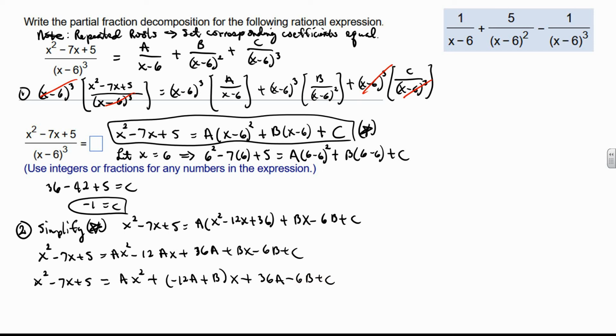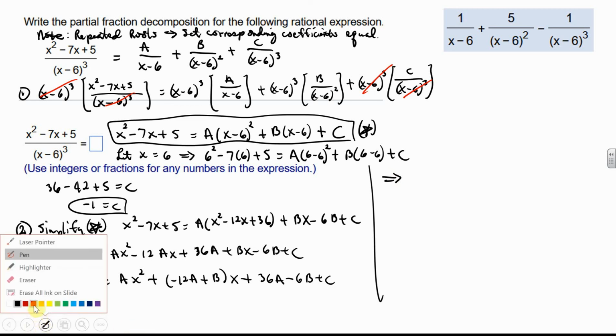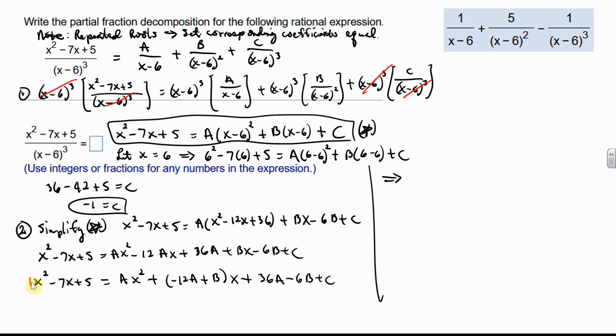So this statement up here for the note, repeated roots set corresponding coefficients equal, implies that we have this. Here's what I'm doing. This coefficient is 1. So I'm going to set the coefficient for x squared equal to the coefficient for x squared over there.